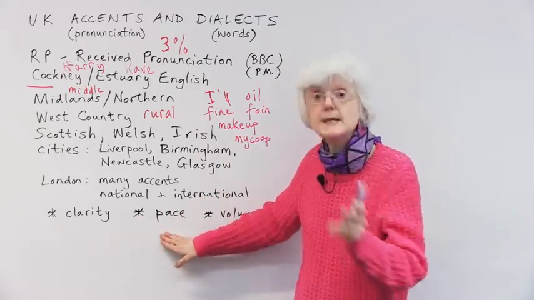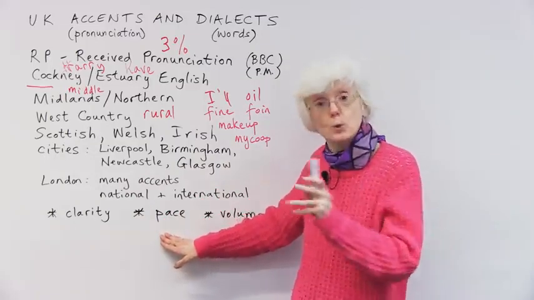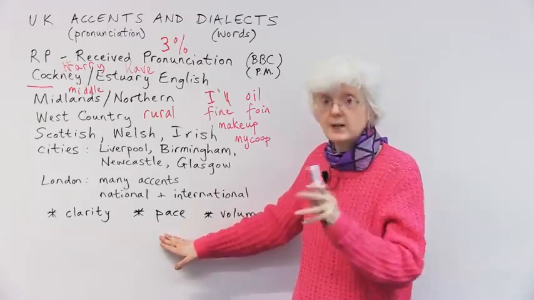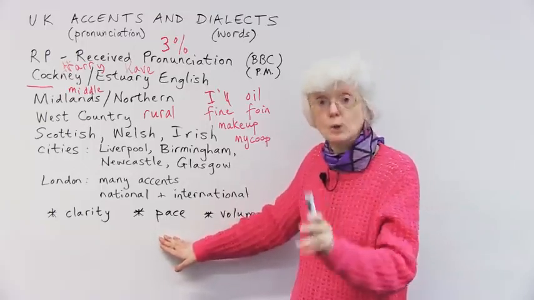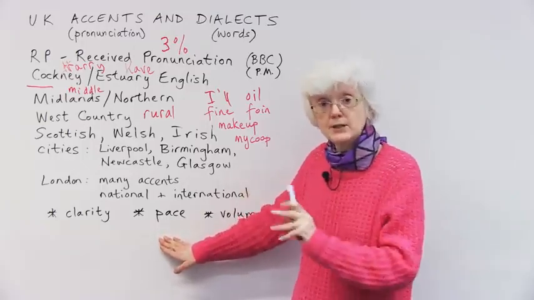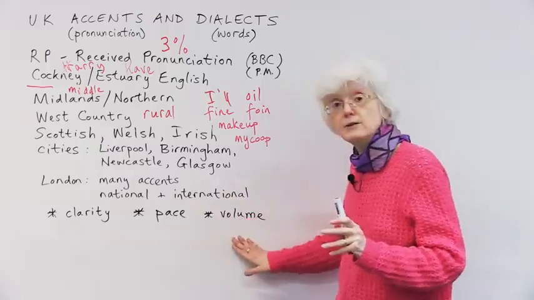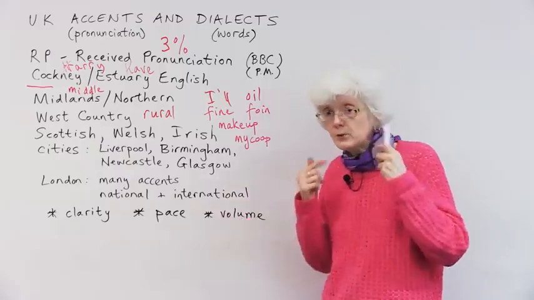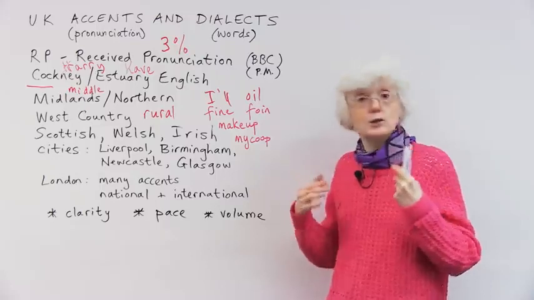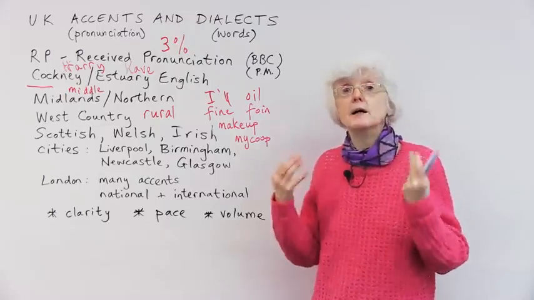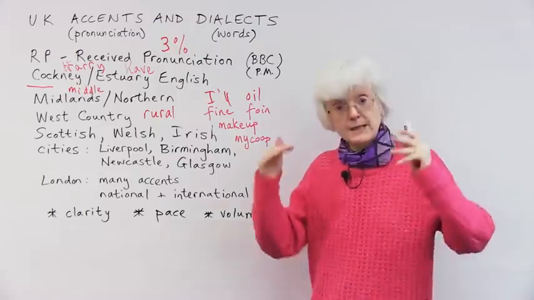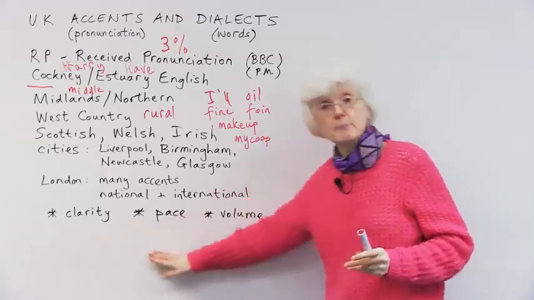Pace, or the speed, don't speak too quickly, and you can ask other people to speak more slowly for you to understand them. And volume, sometimes people speak very quietly and you need to ask them to speak more loudly, to speak up. So those are the three main things.